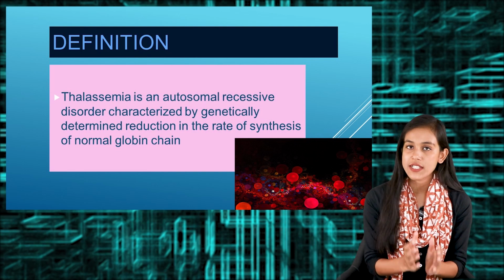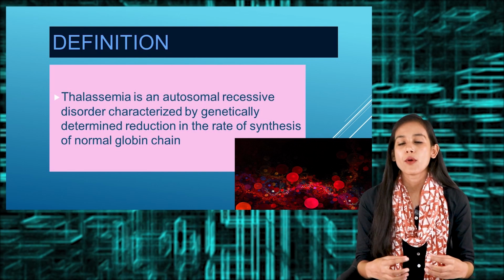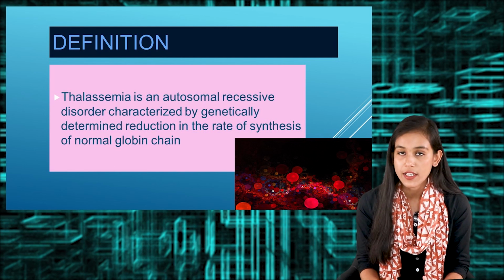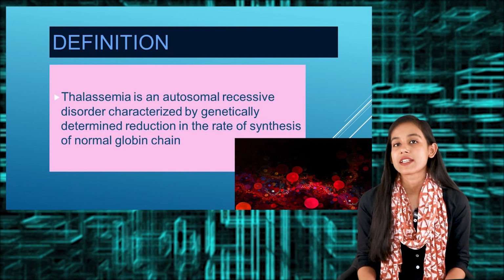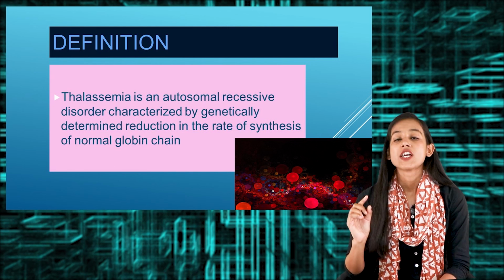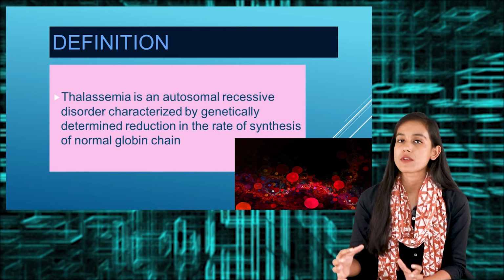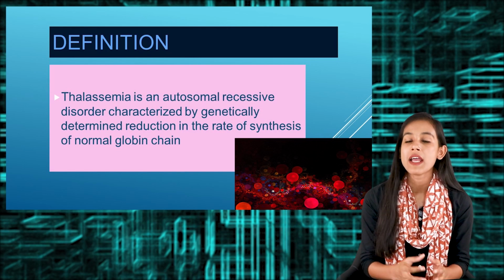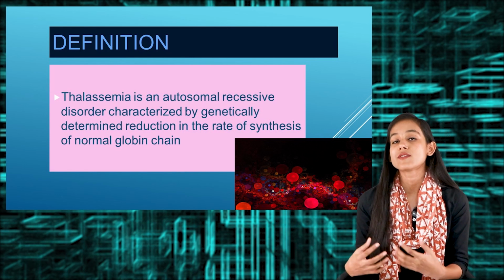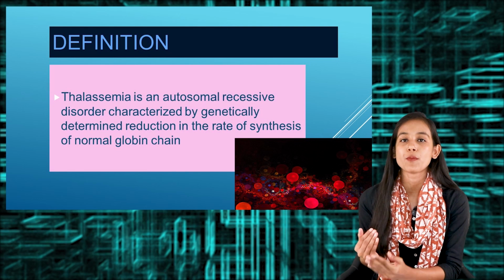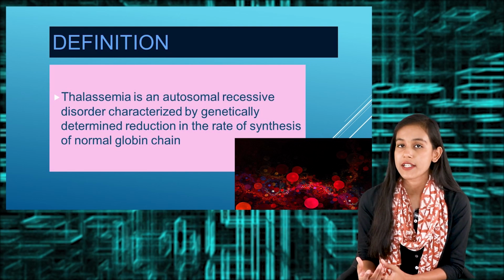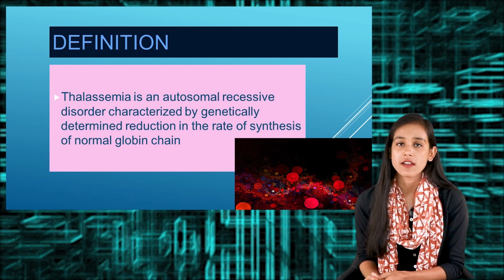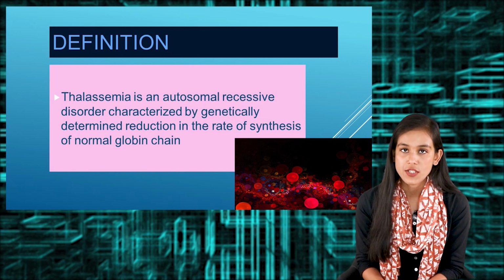So for these recessive disorders, both the genes have to be mutated. Then only it can cause the disorder. So that is what we mean by autosomal recessive: it is not related to the sex chromosome and it is a recessive disorder. That means both the genes have to be mutated. One mutated gene and the other healthy gene cannot cause the disorder.